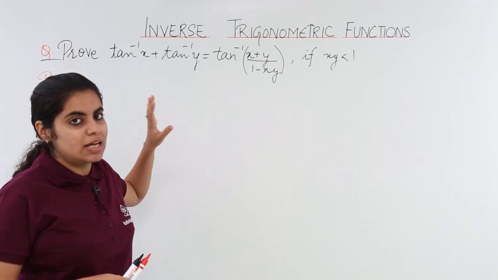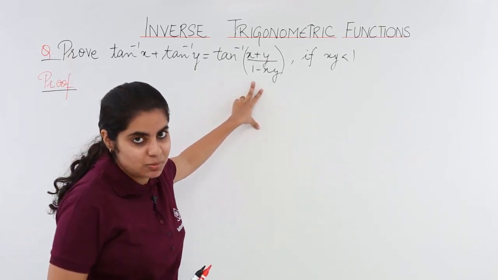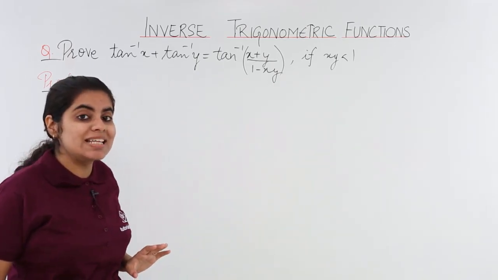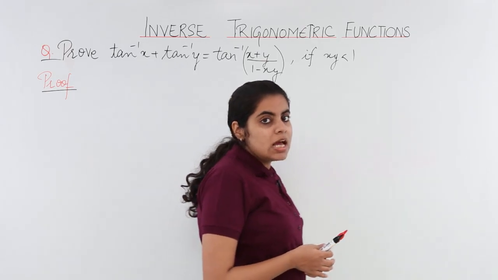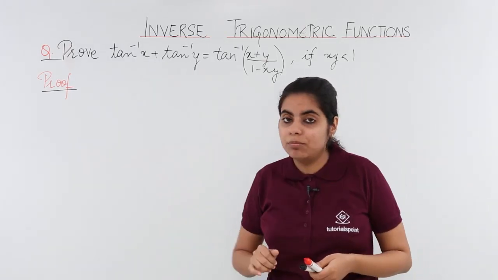Tan inverse x plus tan inverse y is equal to tan inverse of (x plus y) upon (1 minus xy), wherein the condition for xy is less than 1. Now, for proving this type of question, we need to assume some things.